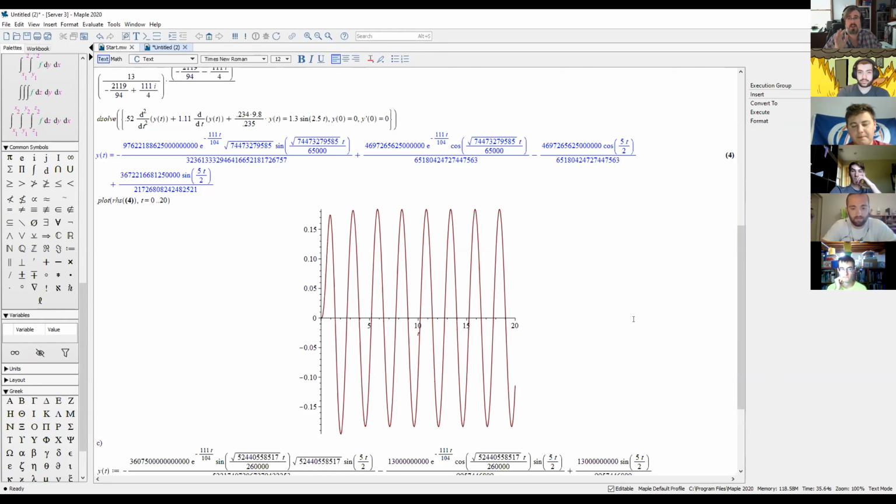Now, the one thing that I want to make sure is clear in looking at this graph: what you're seeing in the long run, that up and down wobble, is not equal to 1.3 times sine of 2.5t. That is not the equation of the forcing function.